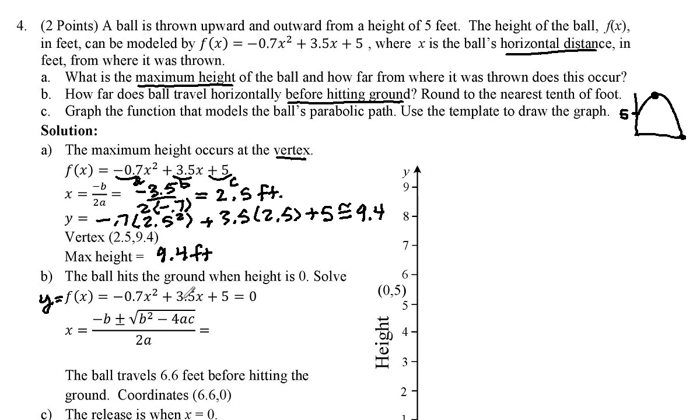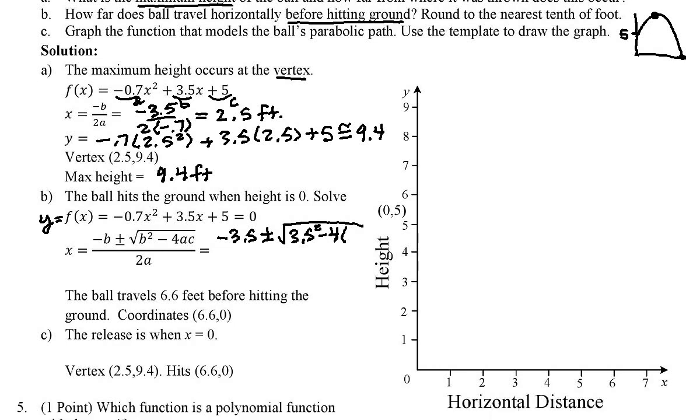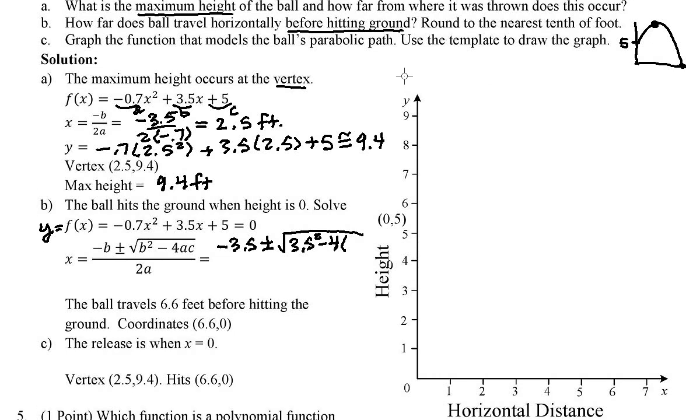So remember our a, b, and c. a includes the negative sign. So negative b is going to be negative 3.5 plus or minus, and I got a square root. b squared is 3.5 squared minus 4 times our a, negative 0.7. Give myself a little bit more room here.